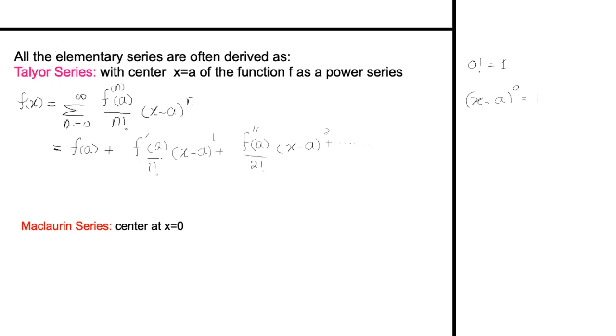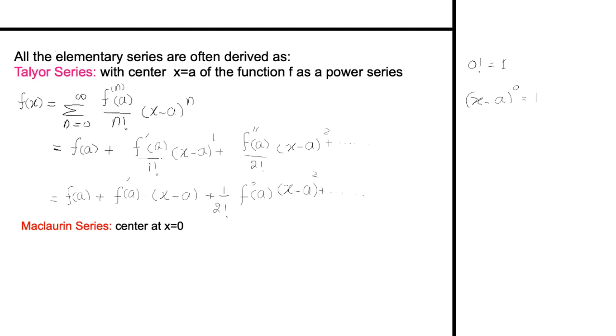So one can write the term-wise expansion of the Taylor series: f of a plus f prime a into x minus a plus 1 by 2 factorial f double prime a times x minus a whole squared, and higher order terms.